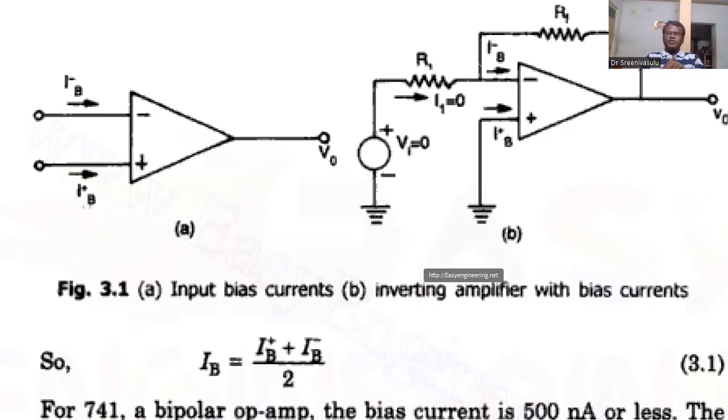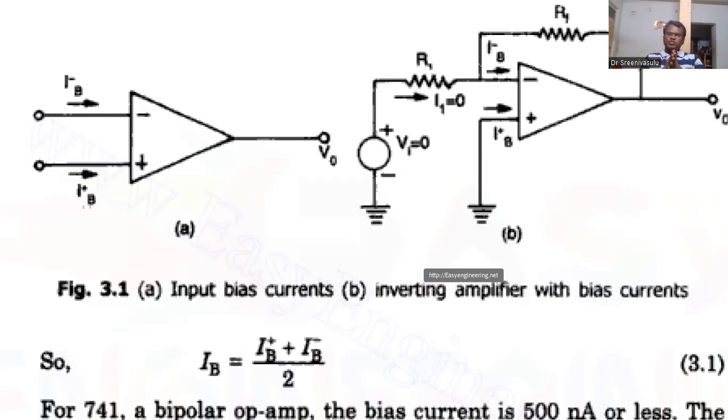Now we come to the practical op-amp. Here we are connecting a simple inverting amplifier circuit. In this inverting amplifier, if I make VI equal to 0, and the non-inverting terminal is already grounded, then at the inverting terminal the voltage is also assumed to be 0, based on the concept of virtual ground.